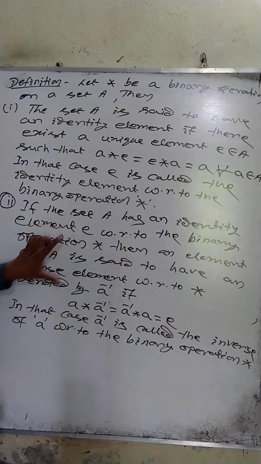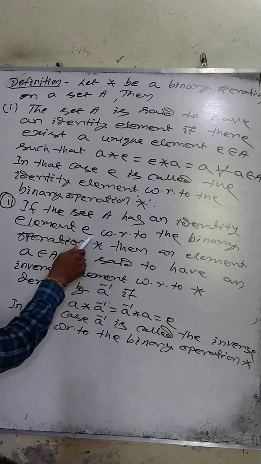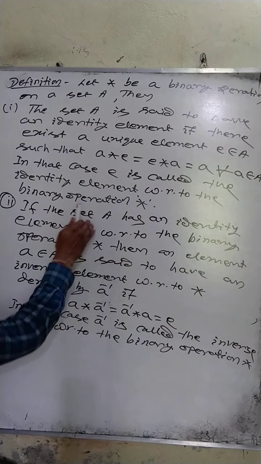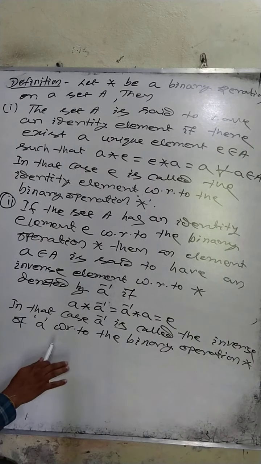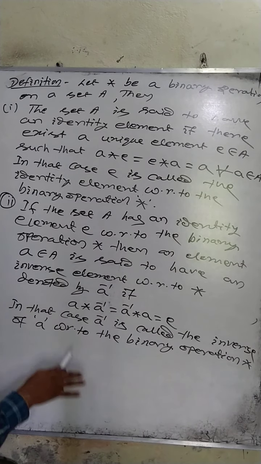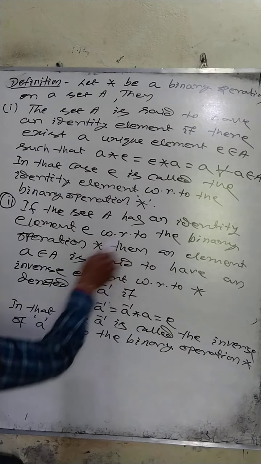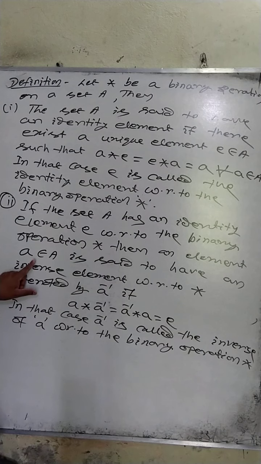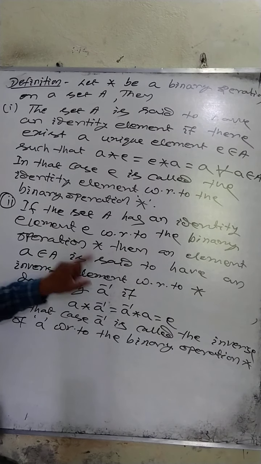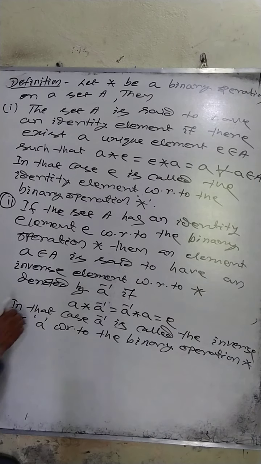Second inverse definition: if the set capital A has an identity element E, that means if a set has an identity element, then there exists its inverse. If the set A has an identity element E with respect to the binary operation star, then an element A belongs to capital A is said to have an inverse element with respect to binary operation star denoted by A to the power minus 1.